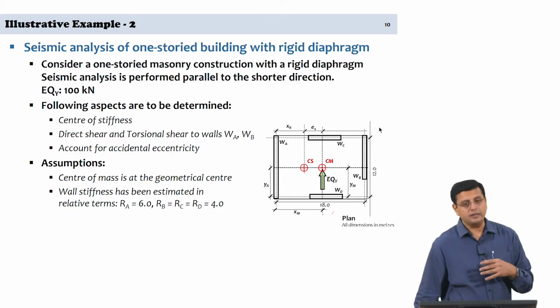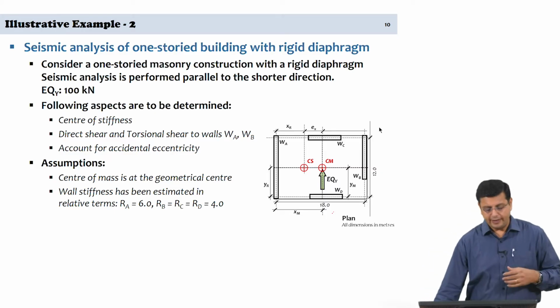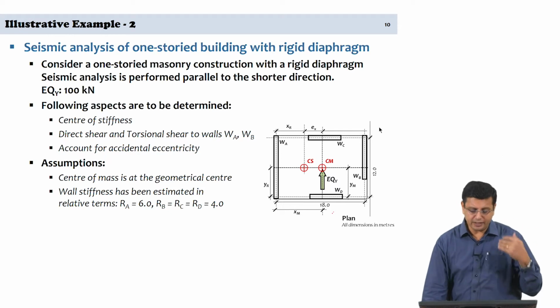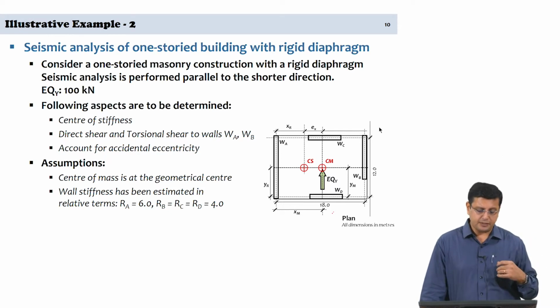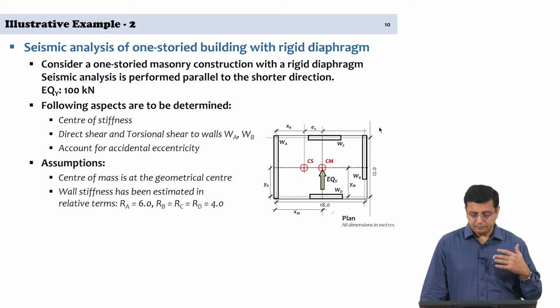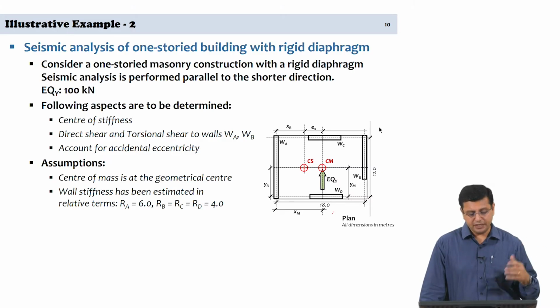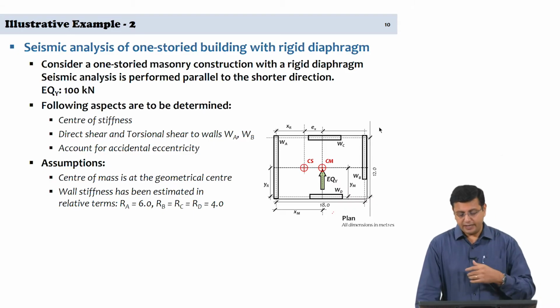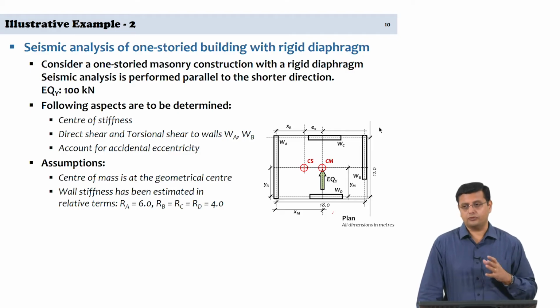You have already gone through the process of calculating the stiffness of a single wall, considering the boundary conditions, whether it is fixed at the top and the bottom, or it has a pin condition.